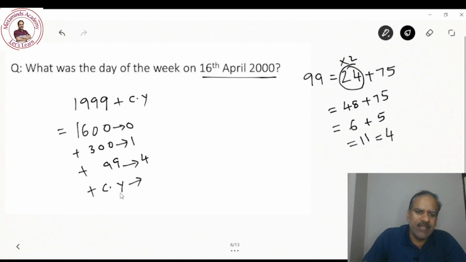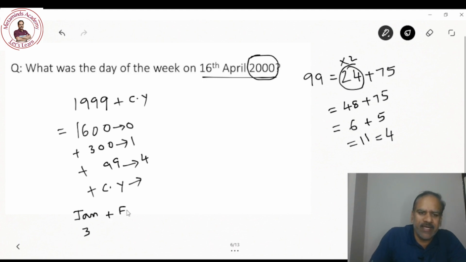Coming to the current year, it is 16th April. And current year is a leap year. So February has 29 days. January has 31 days, which is equal to 3 odd days. Plus February has 29 days, which is equal to 1 odd day.